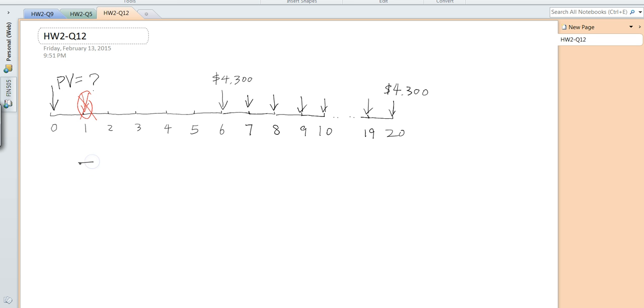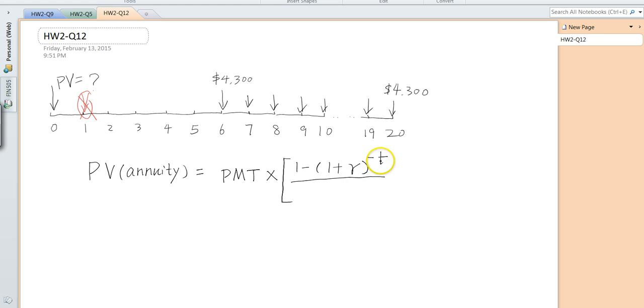present value formula, present value of annuity equals payment, the annual constant payment, times 1 minus 1 plus interest rate raised to the power of negative t, because we are calculating present value, so the power needs to be negative, divided by the interest rate.